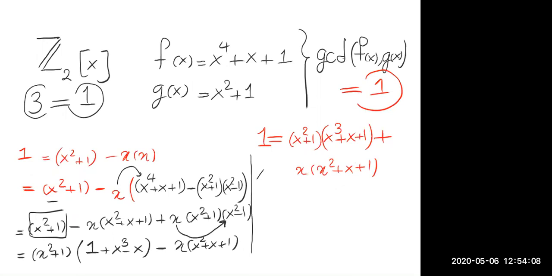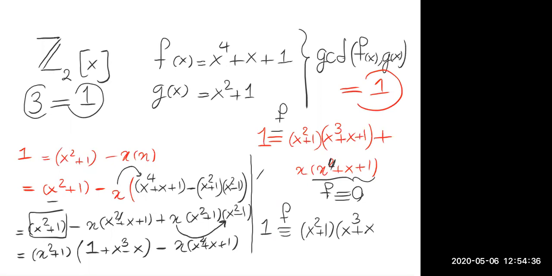Now, if I look at everything mod f, this is x to the 4, and this is also x to the 4, because this thing is equal to f, this is 0 mod f. So 1 mod f is equal to x squared plus 1 times x cubed plus x plus 1. So this thing here is the inverse of x squared plus 1. So I found the inverse of x squared plus 1.